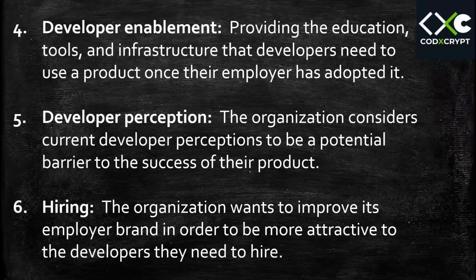Moving on is hiring. Now, this is one of the major key factors because any organization would want to improve its employer brand so that more and more developers are attracted to it and they realize that they need to be hired by the particular organization.